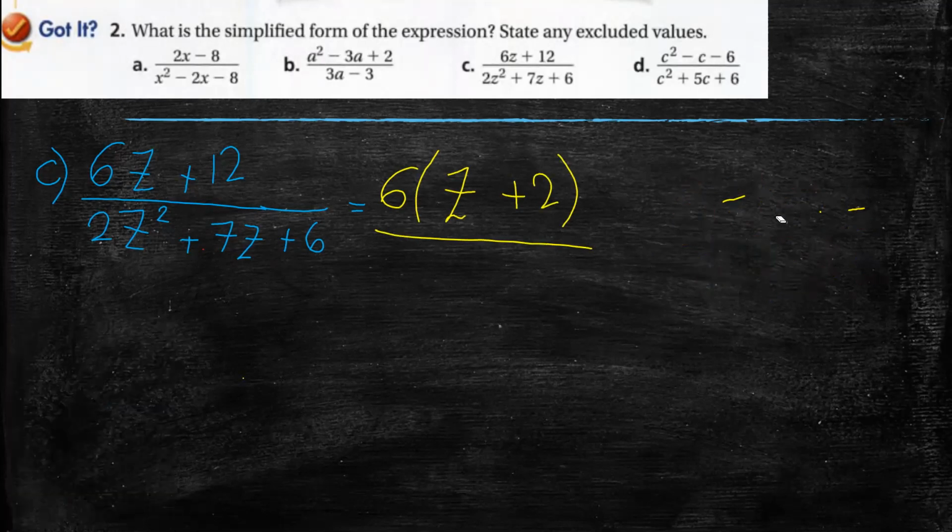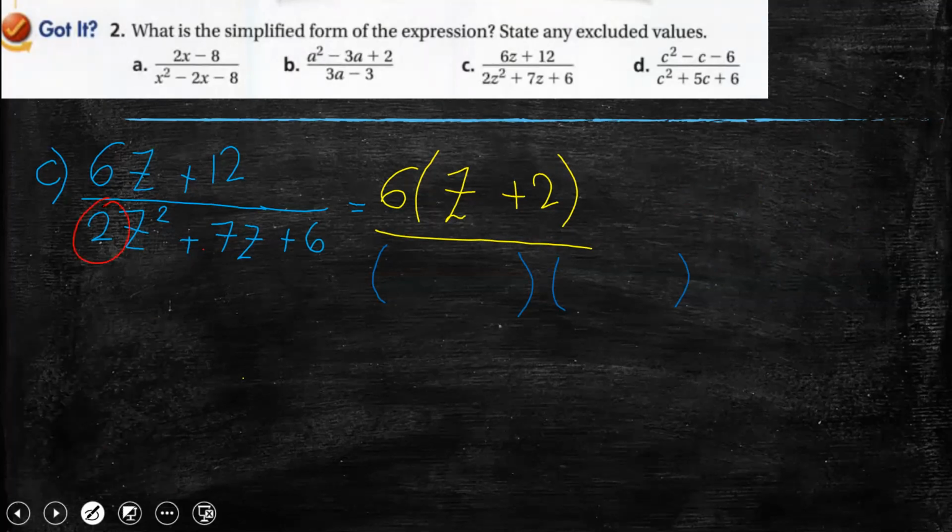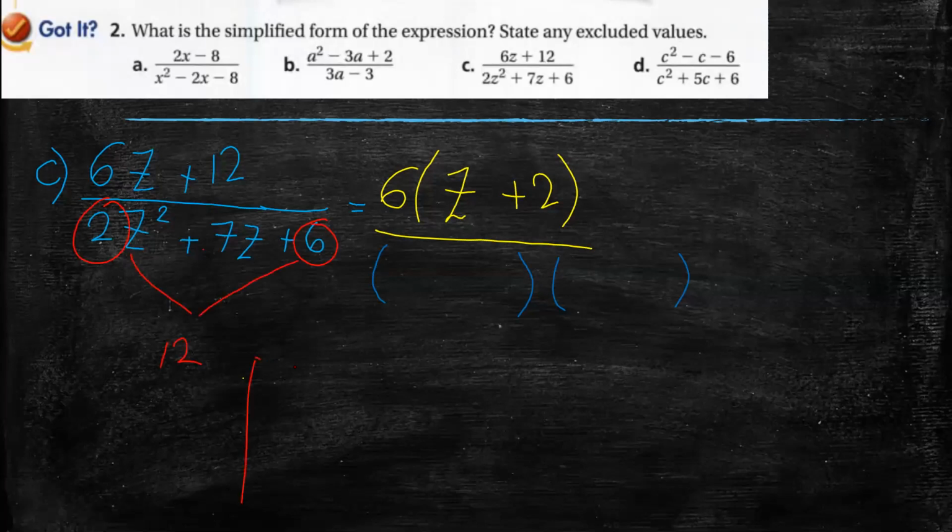Here we have 2z squared plus 7z plus 6. You have to put 2 factors. Then, what did we say before? We say that we have to multiply a times c, which is 12. Then, I have to write the factors of 12.